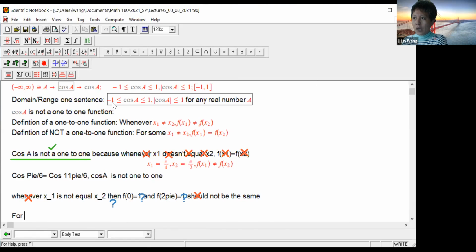Because you obviously have chosen x1, which is 0, and 2 pi. You have chosen the right example, Kyle. You can just say, okay, f of x1, I'm sorry, x sub 1 equals 0, and x sub 2 equals 2 pi.